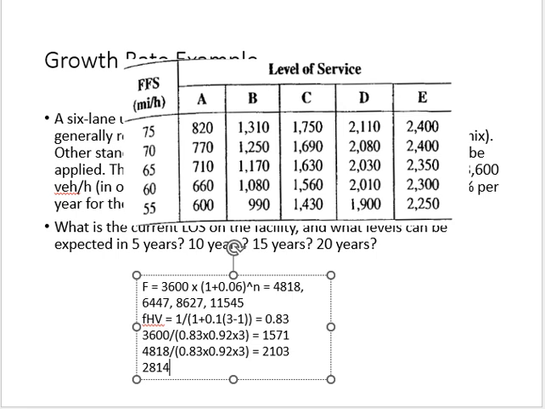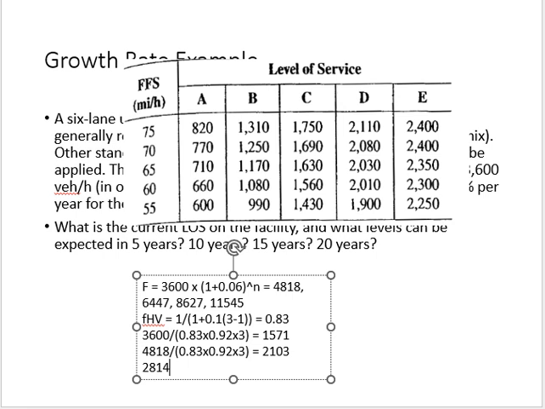So this was year 0, this was year 5, this was year 10. So between these two years I achieved level of service F. Now somebody wants to know in which year exactly I achieved level of service F. When did I achieve F?